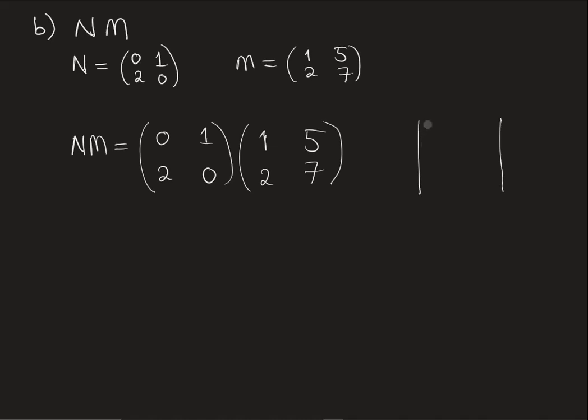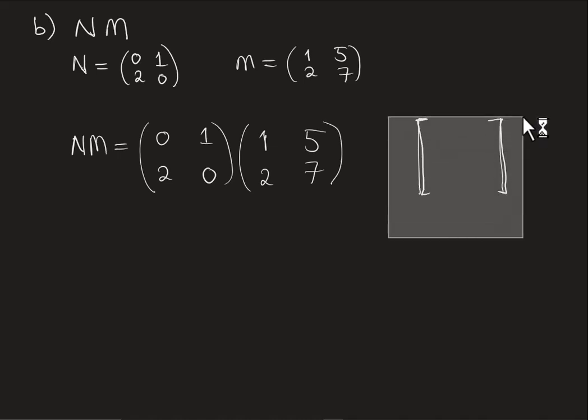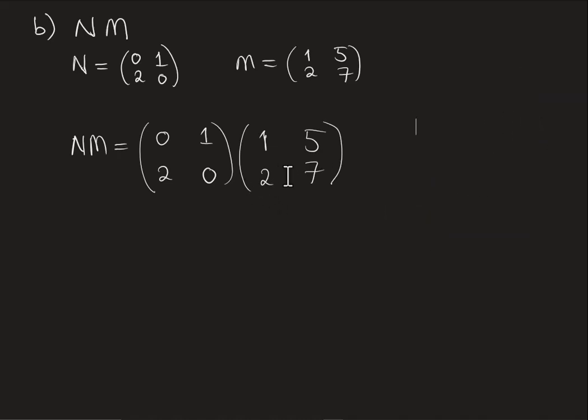If you want to write them with straight lines, you better close them like that and make them square brackets. Sometimes people prefer these types of brackets, but the parentheses or the brackets that you use for a matrix should never be straight. That means something else.